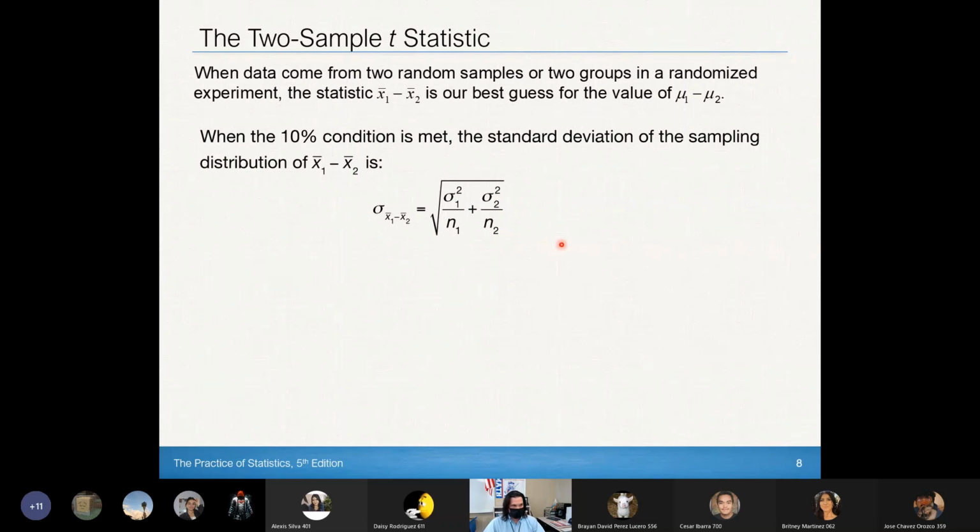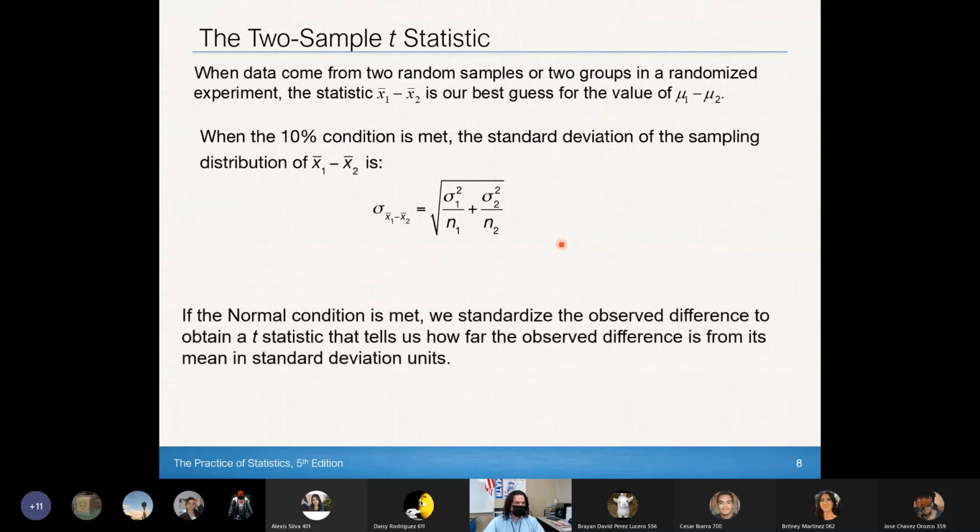And that is our standard deviation for the sampling distribution. If the normal condition is met, we standardize the observed difference to obtain a t-statistic. It tells us how far the observed difference is from its mean in standard deviation units.